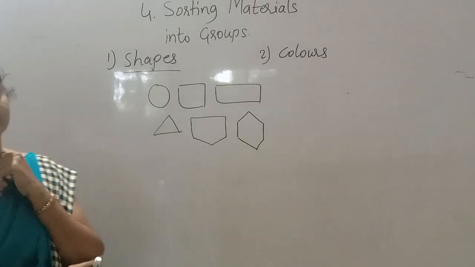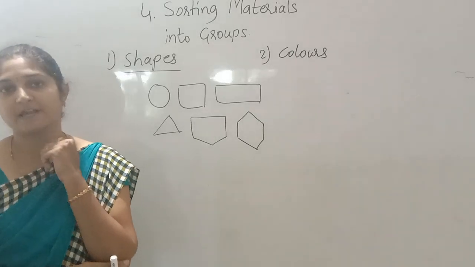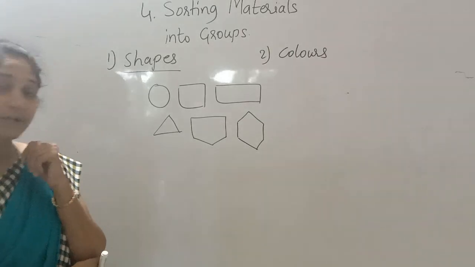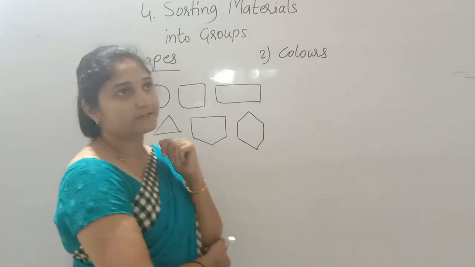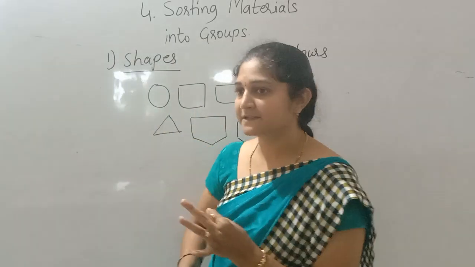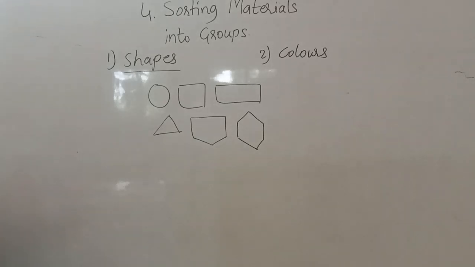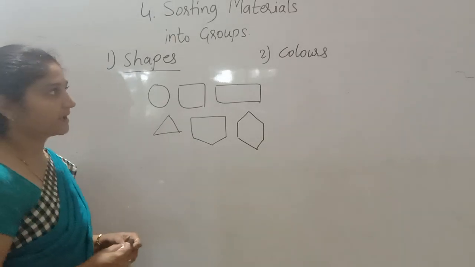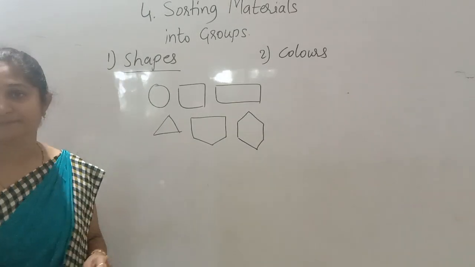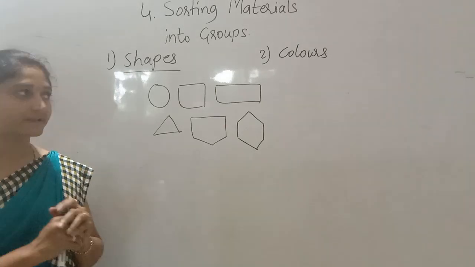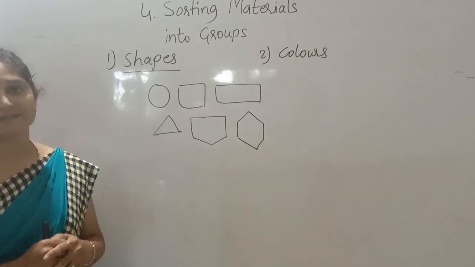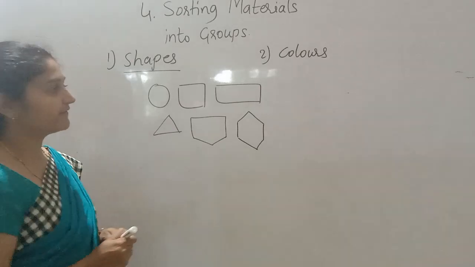We say rainbow or spectrum. What are those colors? Orange, red, green, blue, white, yellow, violet, purple. But the rainbow colors are what? We write Vibgyor.